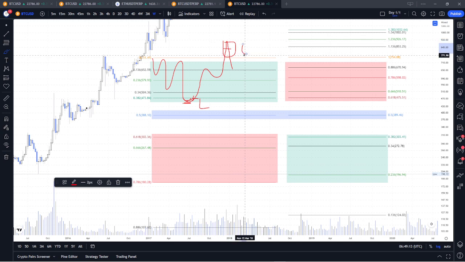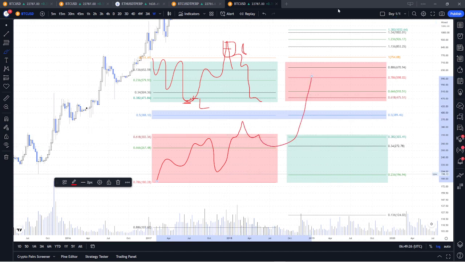This long then takes profit, reverses short, and the price is reversing again. Okay, and this is for both top and bottom.